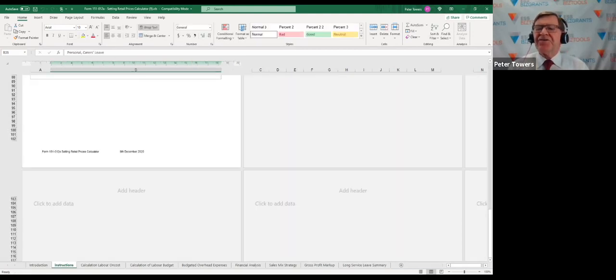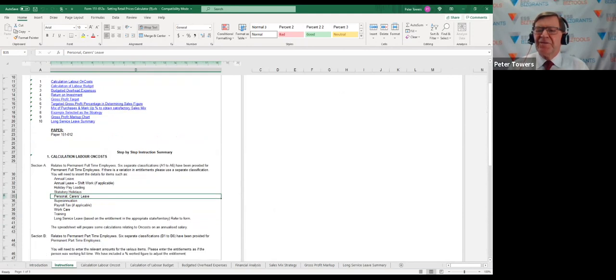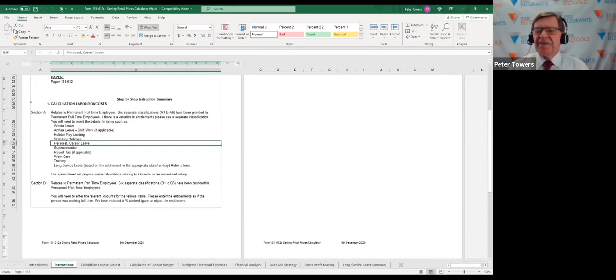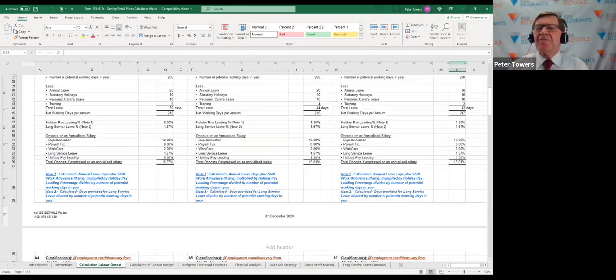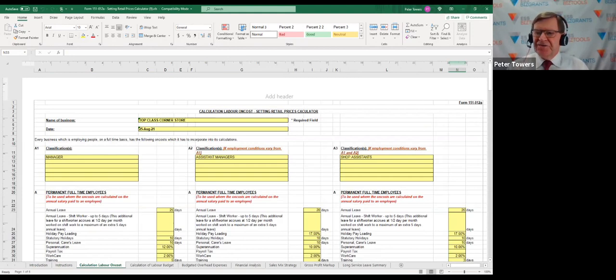There's some instructions as to how to use this Excel spreadsheet, which I think is straightforward, but if you have any problems with it when you're utilizing it, please contact me. We start with the labor on cost. What we've done is set this up so it's branded Top Class Corner Store, prepared today.